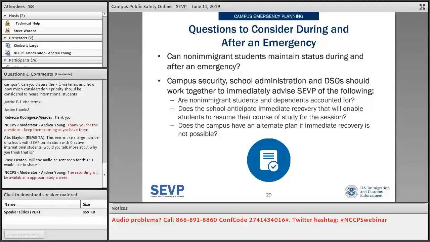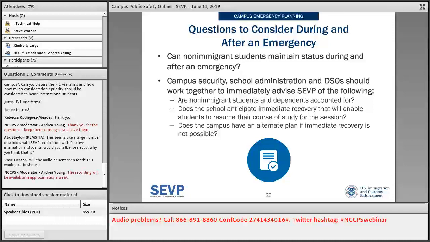The student is going to need to do something because they, by law, are required to be enrolled in school full-time while they're here in F1 status or M1. So they need to consider, are they going to return home? Are they going to transfer to another school? How are they going to maintain their status during this emergency situation?